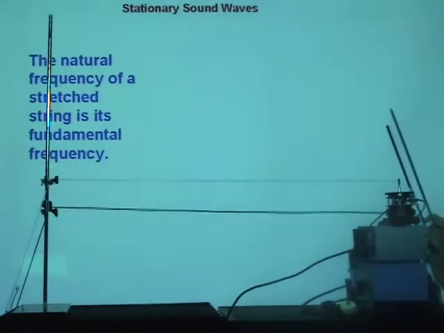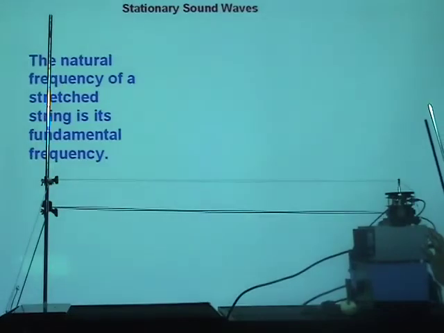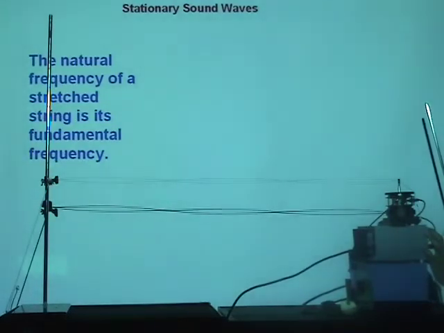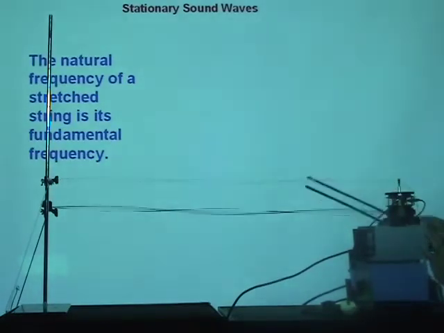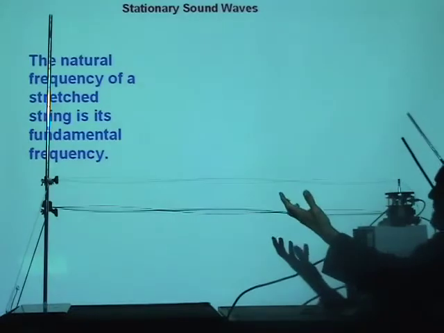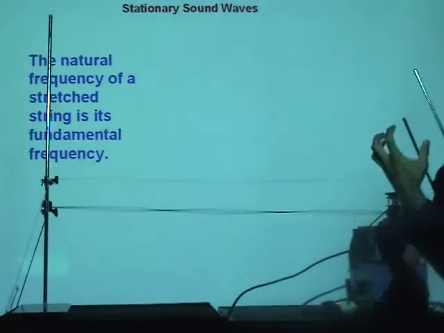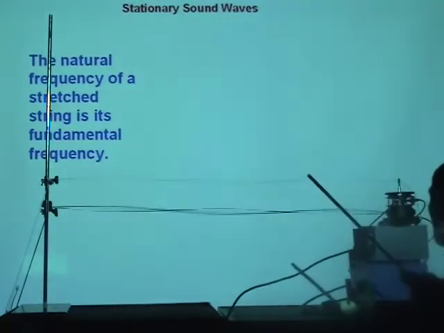Now, if I want to see resonance, I must go to 30 Hertz. Alright, I'm going to go to 30. And there you see the next mode of resonance. The string is now resonating in the third mode. The string is now resonating with the frequency 3 times its fundamental.